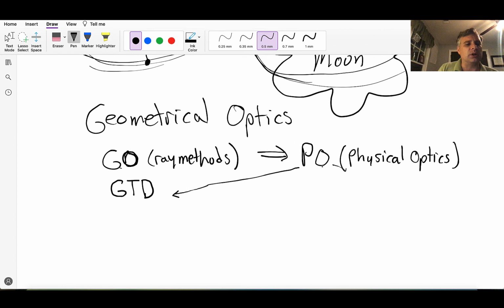And in fact, there are corrections to physical optics that involve something called the physical theory of diffraction. And there are further corrections that can be made using something called the uniform theory of diffraction.